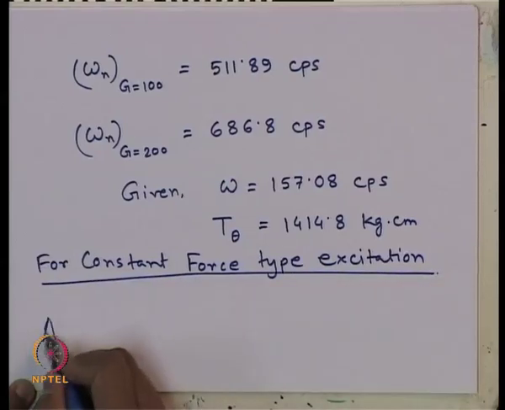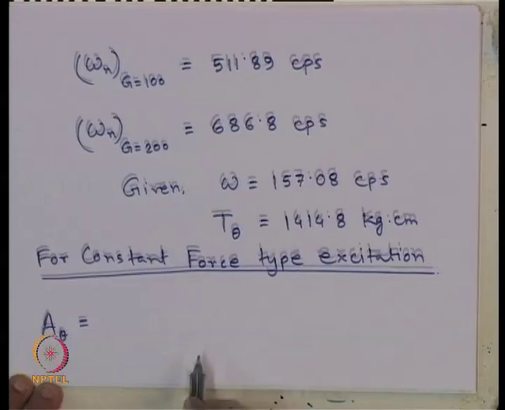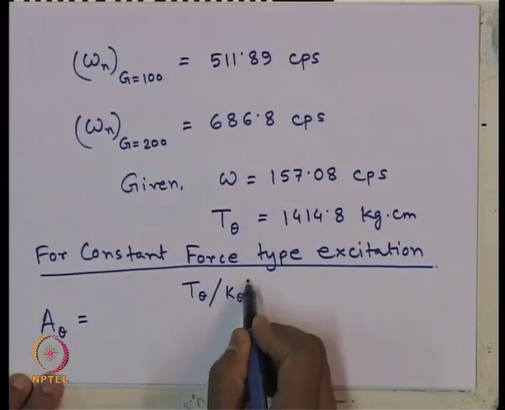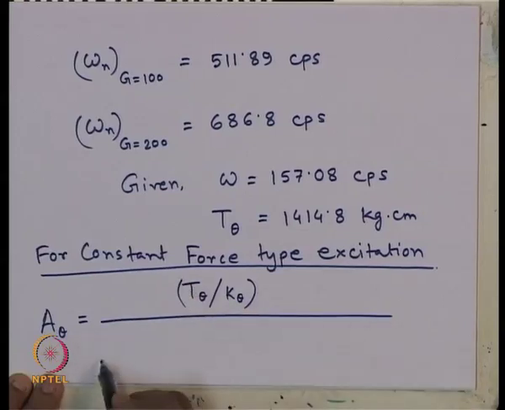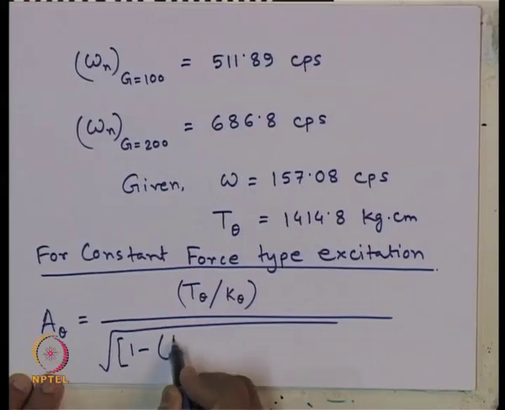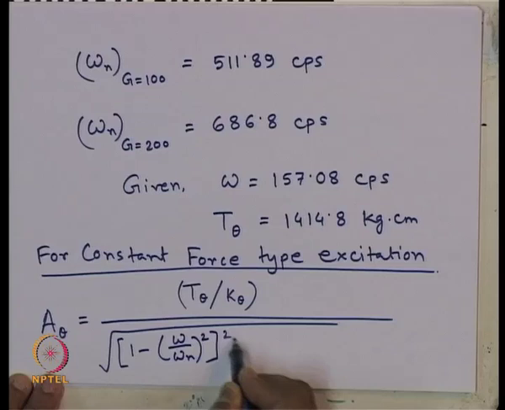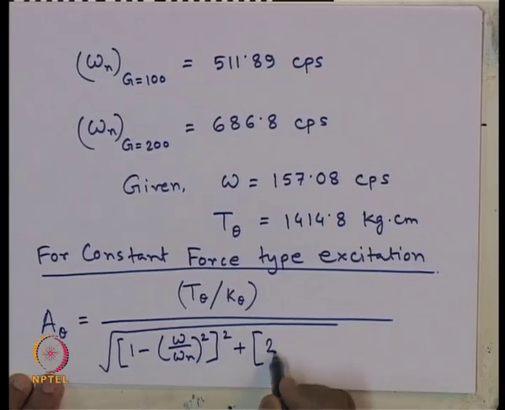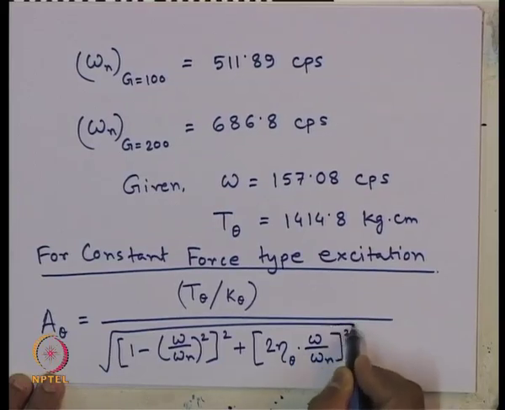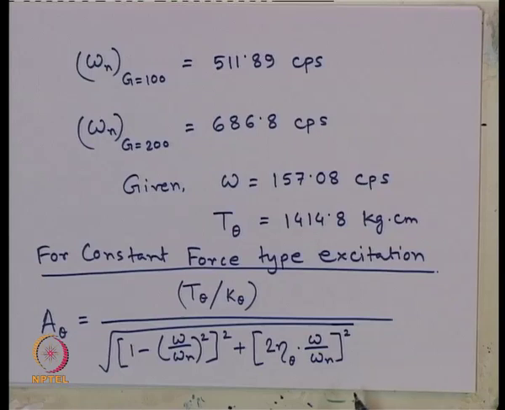the expression to calculate A theta will be T theta by K theta by root over (1 minus (omega by omega n) whole square) whole square plus (2 eta theta omega by omega n) whole square. And what should be the unit?